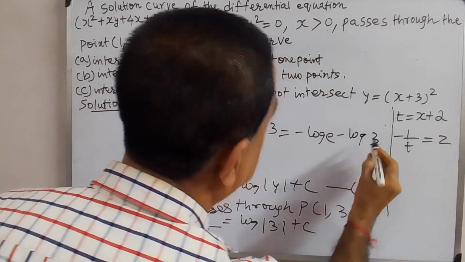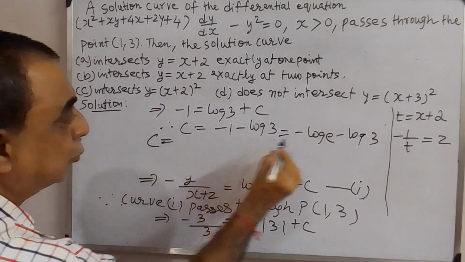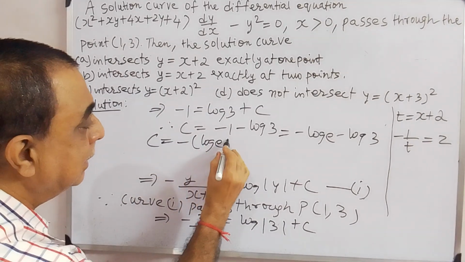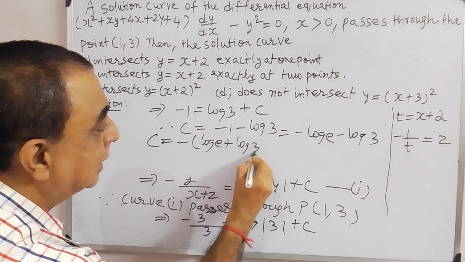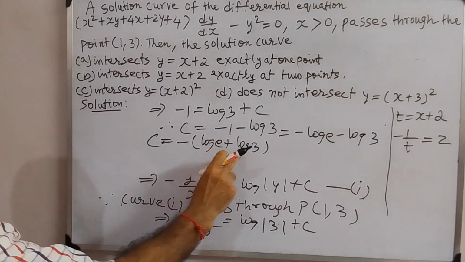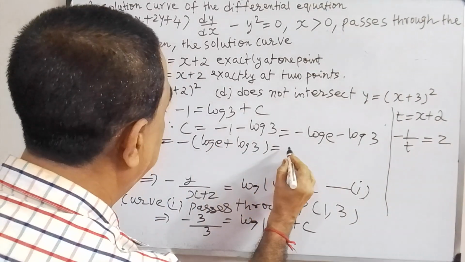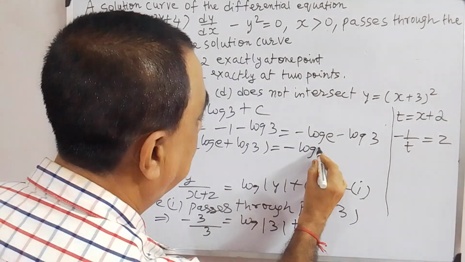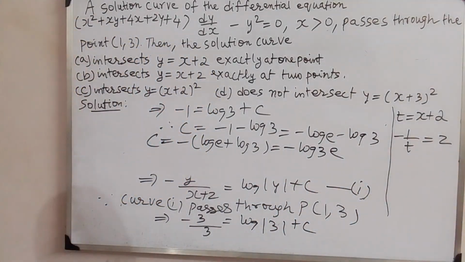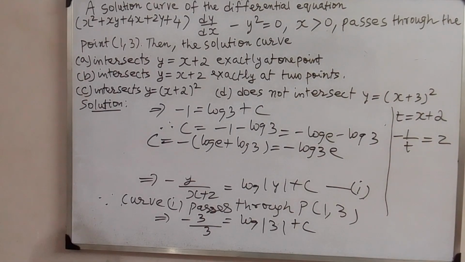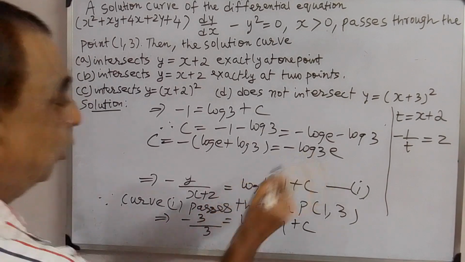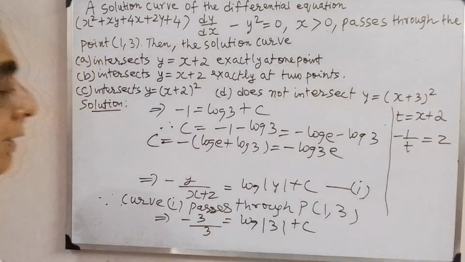Taking minus common, this is minus of log e plus log 3. Log e plus log 3 change into one log, the terms being multiplied together, so this will be log 3e. So in place of c we will put minus log 3e.